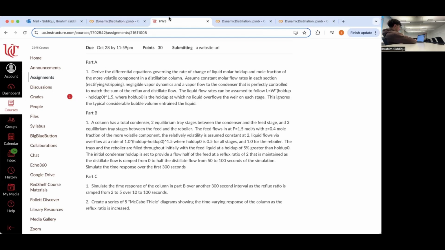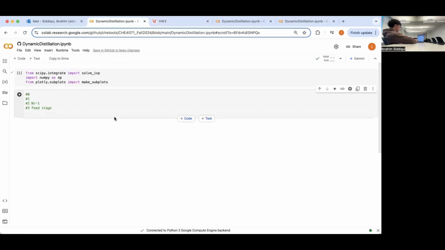It also said we have 3 equilibrium stages between the feed and the reboiler. So we add 3 stages, 4, 5, and 6, between the feed and the reboiler, and stage 7 is our reboiler. We can also denote this by our rectifying and stripping stages, which makes more sense.